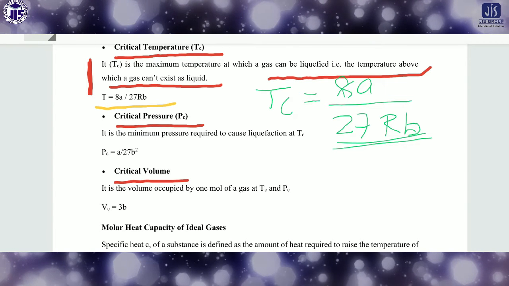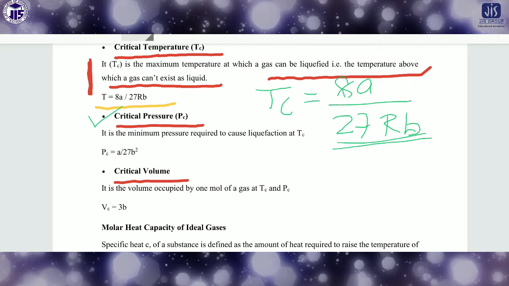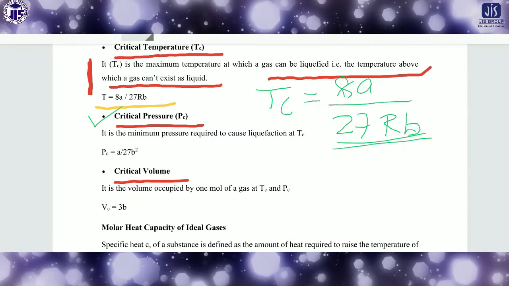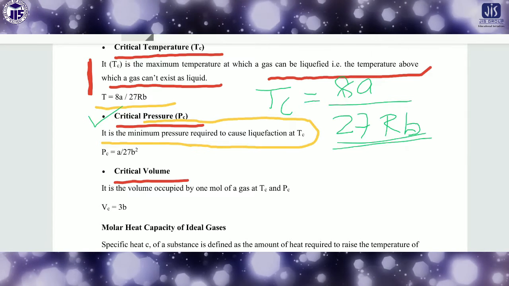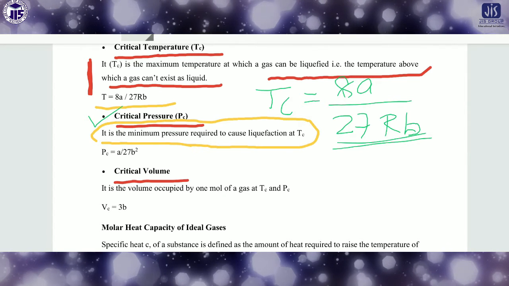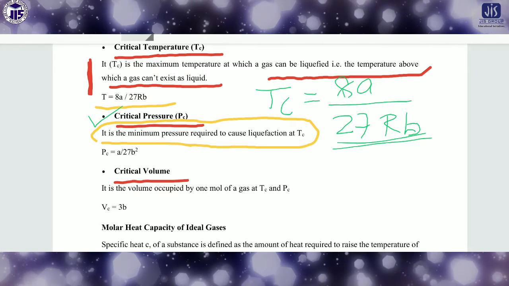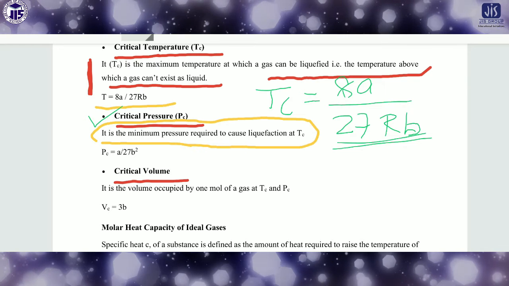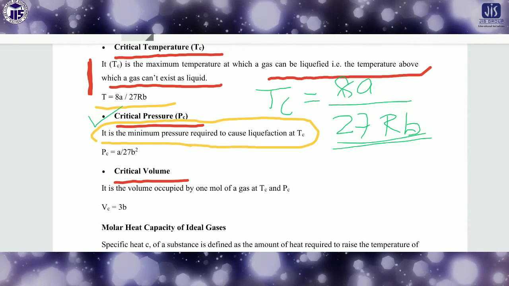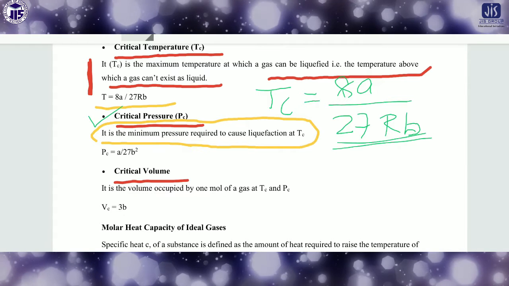Now come to the point: what is the critical pressure? Critical pressure is the minimum pressure required to cause liquefaction at TC. You know that TC is the temperature at which a gas can be liquefied, so at that temperature, the minimum pressure required to liquefy the gas is called the critical pressure.